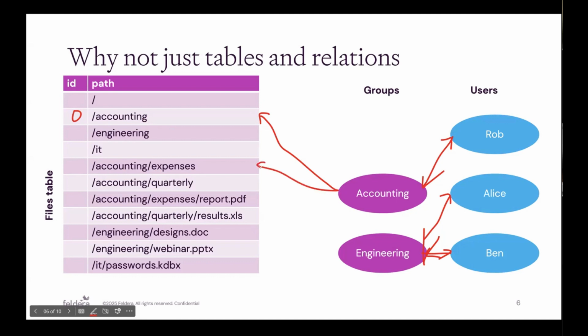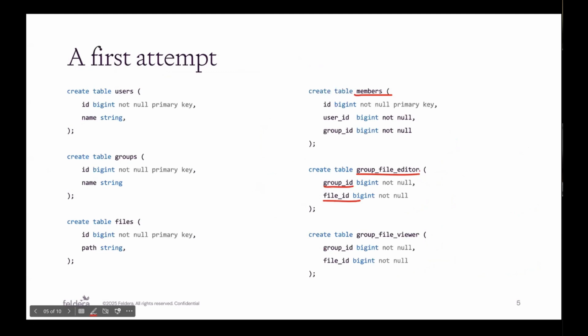We would have to add an entry for accounting expenses, for accounting quarterly. I'm going to draw all the arrows here to all the accounting files. And so that's how we could model this, in this SQL version that we have here, where we just insert all of these things into this group file editor table.